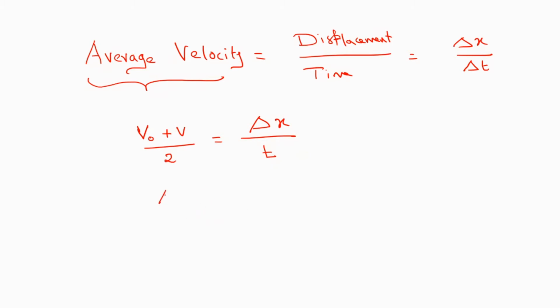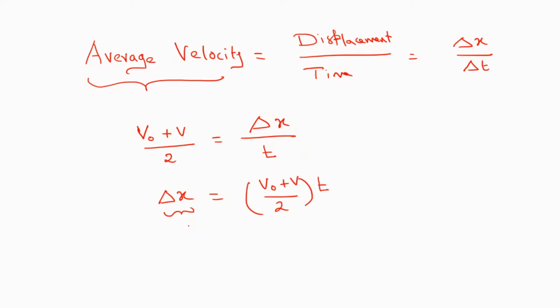So therefore the displacement delta x is equal to the average velocity (v0 plus v) divided by 2, and then I have to take this t to the left hand side of the numerator. So by that my t will come here. Am I right?